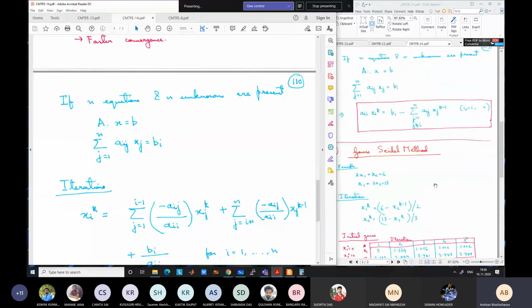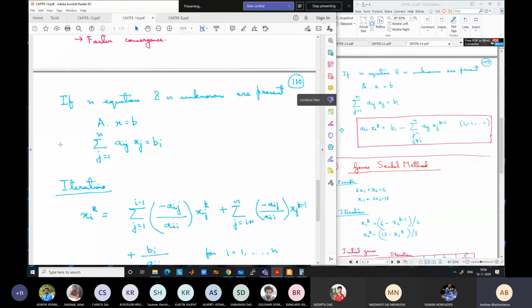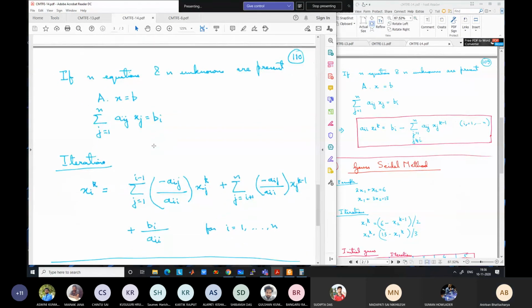In this case, again the set of equations is similar, A x equal to b, or I can write the equations as the sum over j equal to 1 to n of aij xj equal to bi. Same thing as what we have done. But now we will divide this into two parts. All the values of j before i: if i is equal to 10, j equal to 1, 2, 3, 4, 5, 6, 7, 8, 9, up to 9.